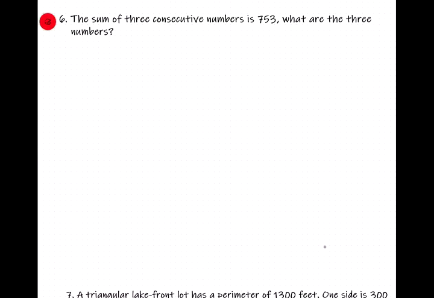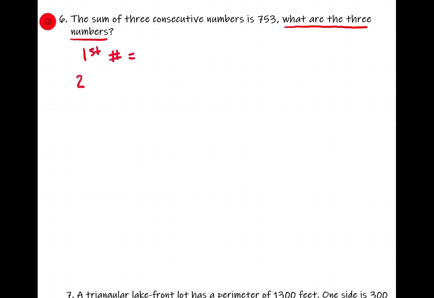All right, number 6. The sum of 3 consecutive numbers is 753. What are the 3 numbers? Okay, so just like in problem number 4, we have 3 unknowns here. We don't know the first number.